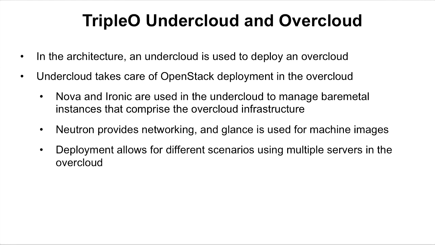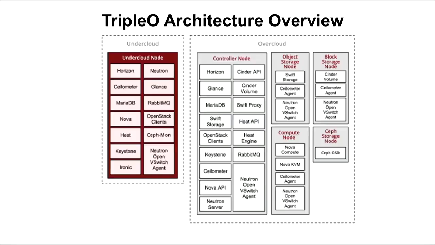Deployment allows for different scenarios using multiple servers in overcloud. So TripleO was designed to be very flexible. Here you can see a schematic overview of the TripleO architecture. So you can see that in undercloud there is this undercloud node, which can be just one node.